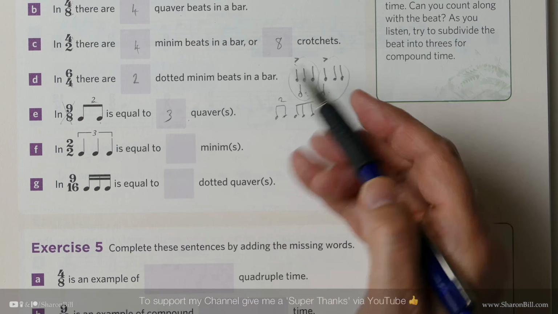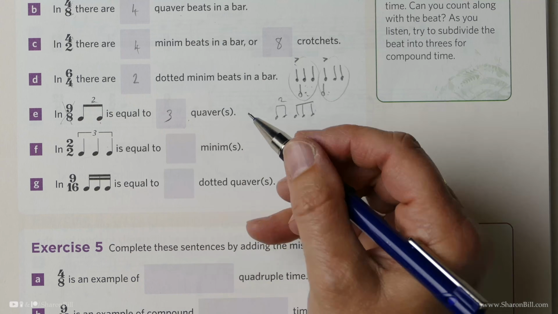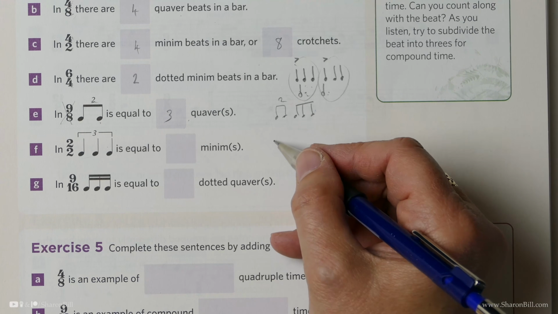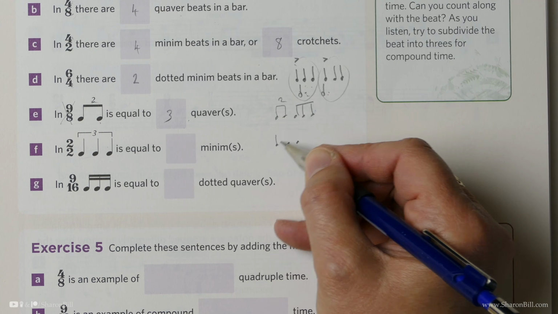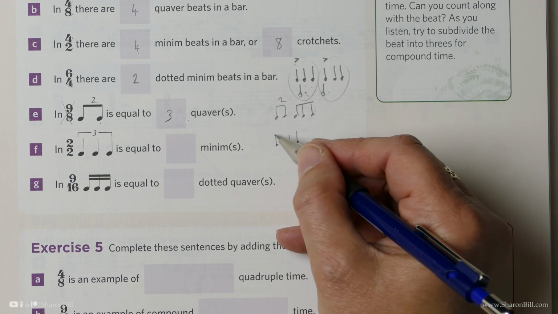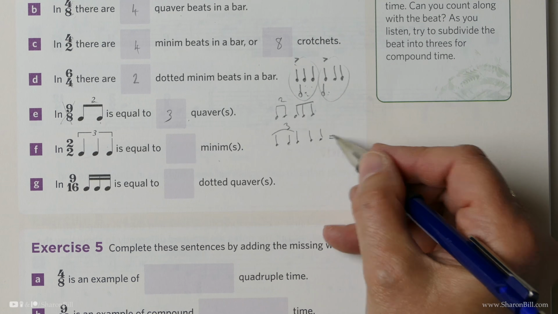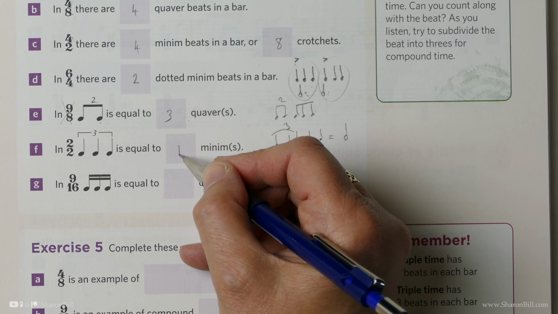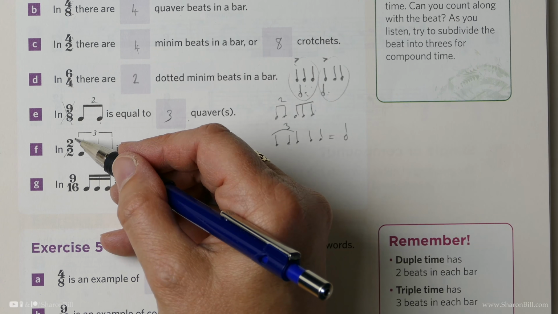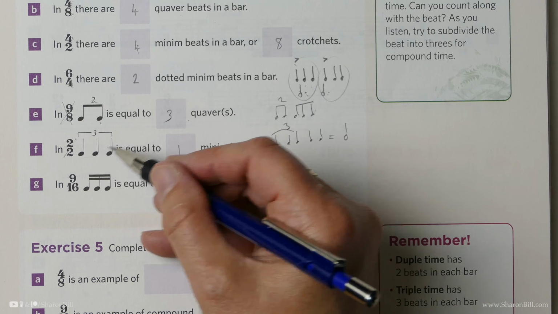And here a triplet is 3 in the time of 2, so 3 crotchets in the time of 2 crotchets is equal to 1 minim, regardless of the time signature. You know, that's neither here nor there.